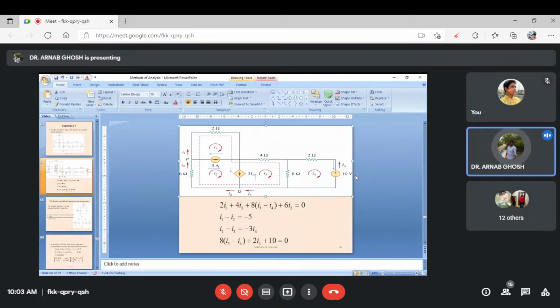So this was all about your mesh analysis. Then we are moving on to the next topic that we discussed, that is your superposition theorem.